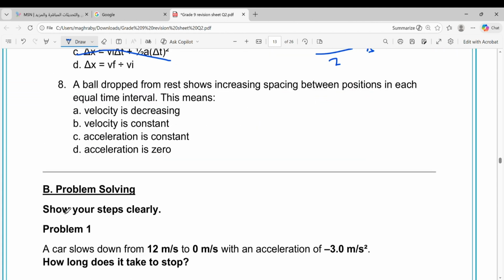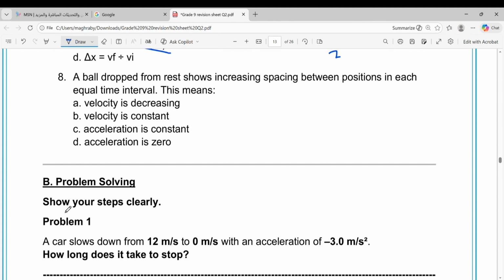Next one, a ball dropped from rest shows increasing spacing between the positions in each equal time interval. This means what? When the ball is dropped like this, in each equal time the distance between the positions increases. After, for example, 1 second, after another 1 second the distance increased like this.